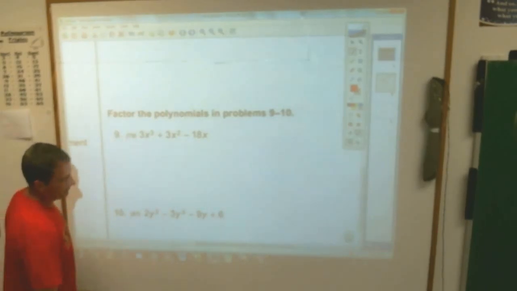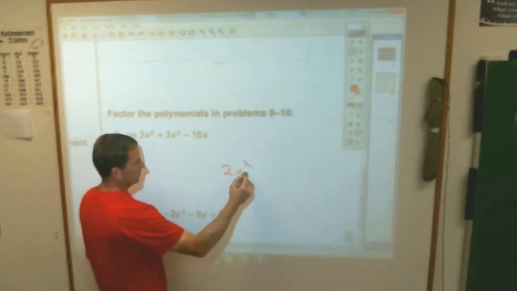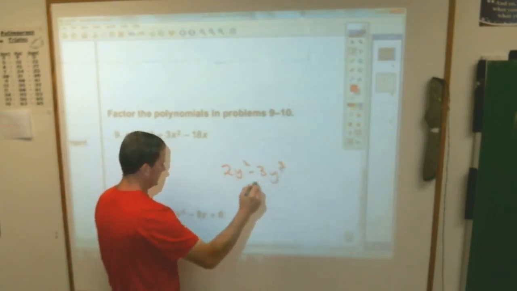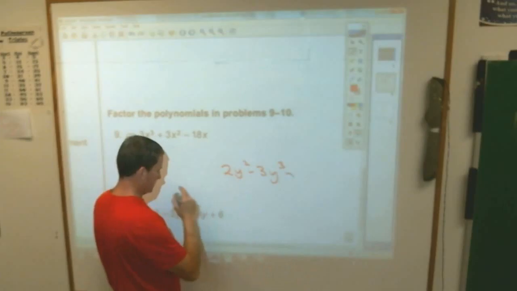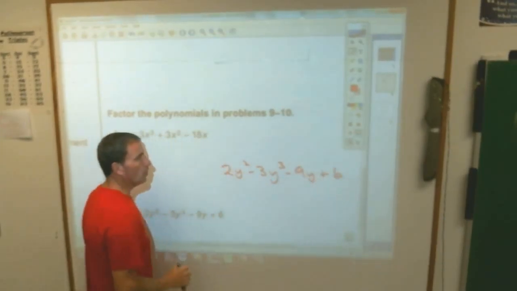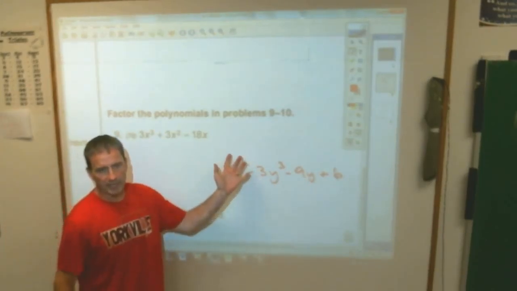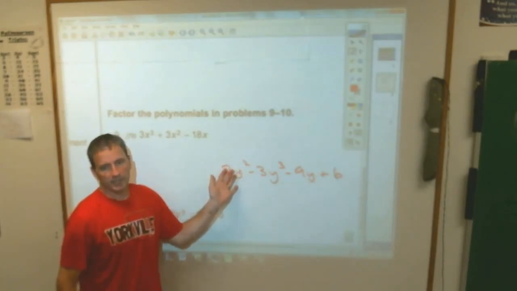Children, you will remember if I have 2y squared minus 3y cubed minus 9y plus 6. The only way to factor a 4-term expression is by grouping.